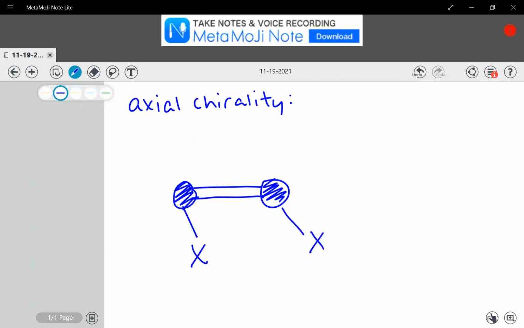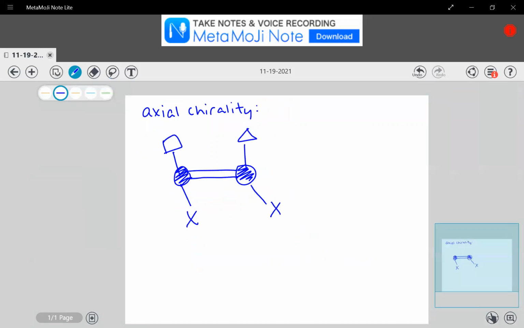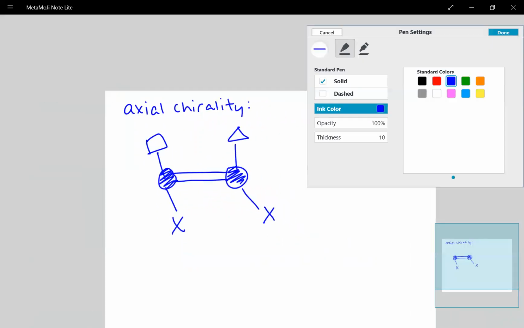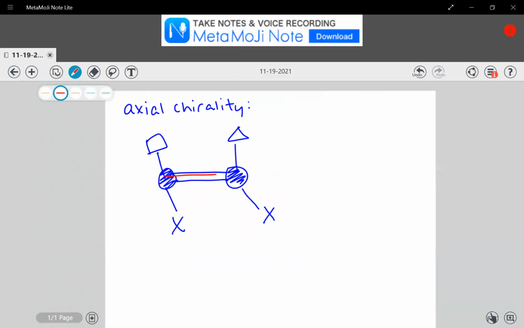In this case, I think it's okay if they're not all different stuff, but an example I have is not showing all different things. So square, this one triangle. Here, this axis here is a chiral axis. Chiral.